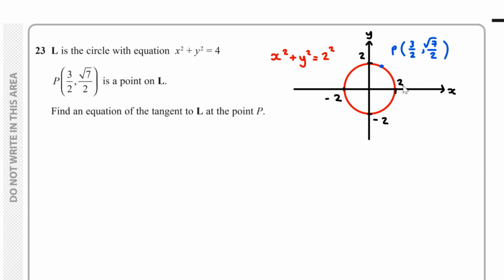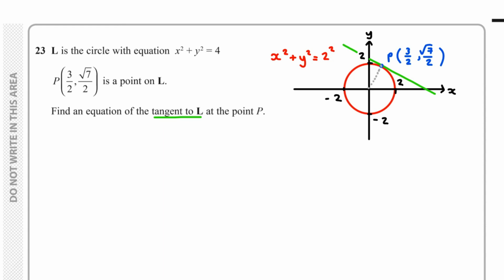And now if I draw a tangent to this circle, we need to work out the equation of the tangent, and I'll show it in green. So here is our tangent. This is the tangent to L at the point P. What we also need to identify is that here we've got a radius which is perpendicular to the tangent.